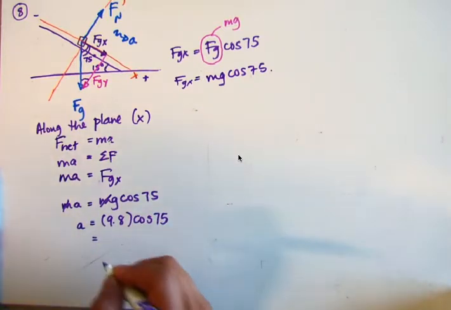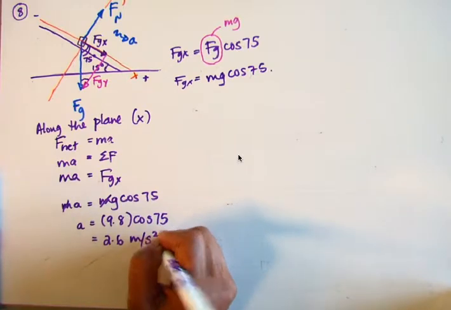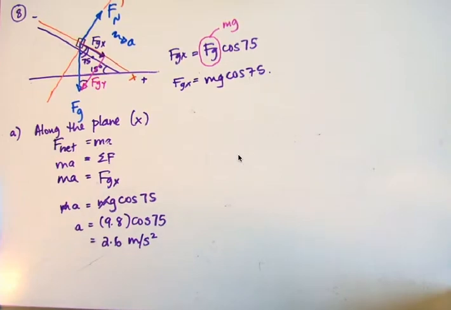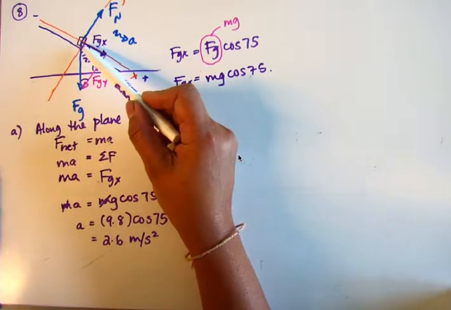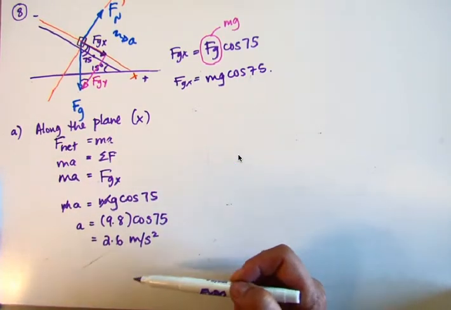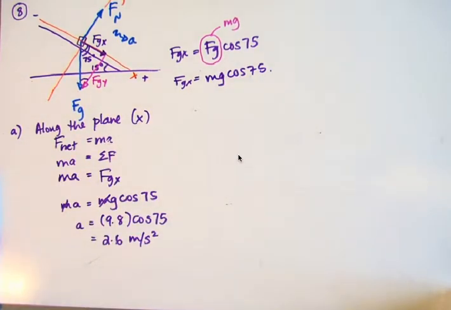And that works out to 2.6 meters per second squared. And that's the answer to part A. It's interesting that the masses cancel out. What they're saying is it doesn't matter what the mass of that object is, it will still have the same acceleration. Mass is independent.